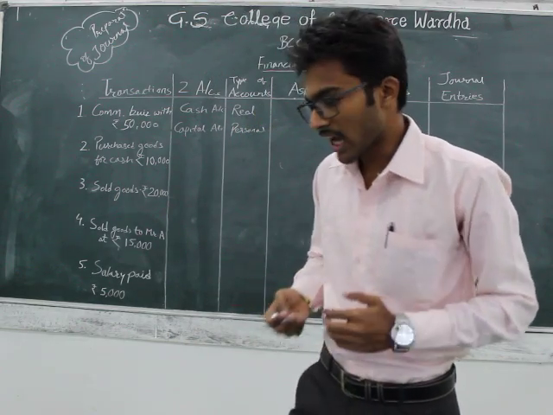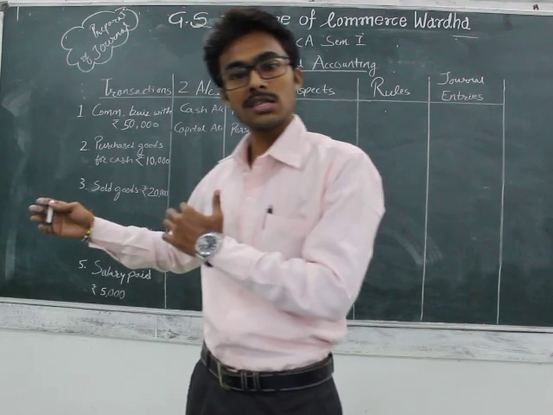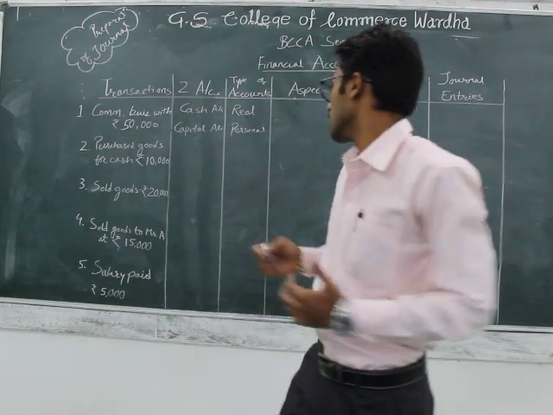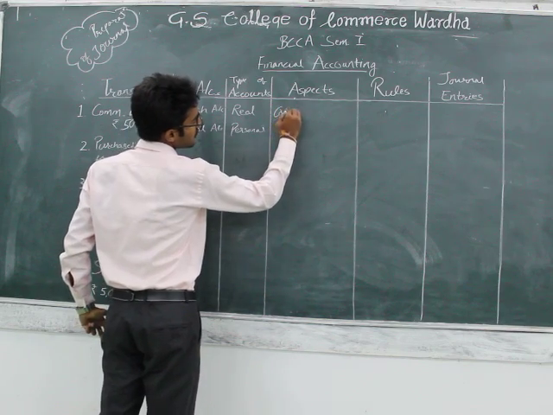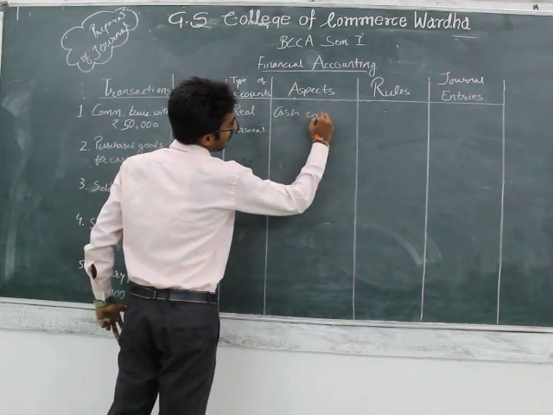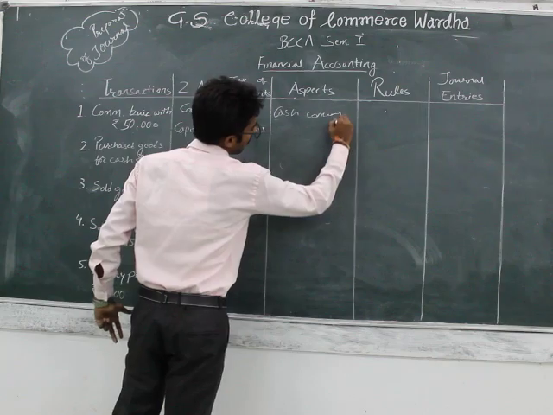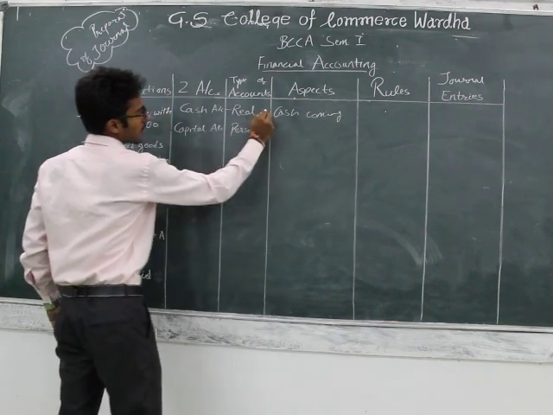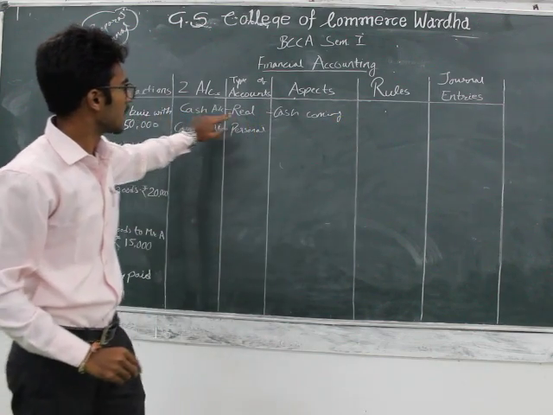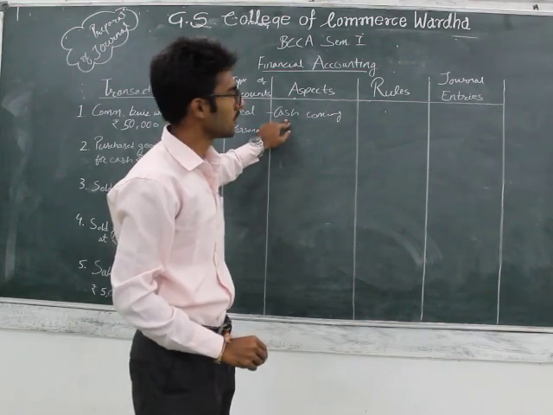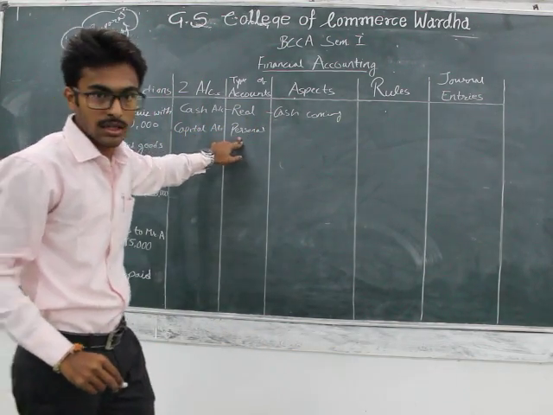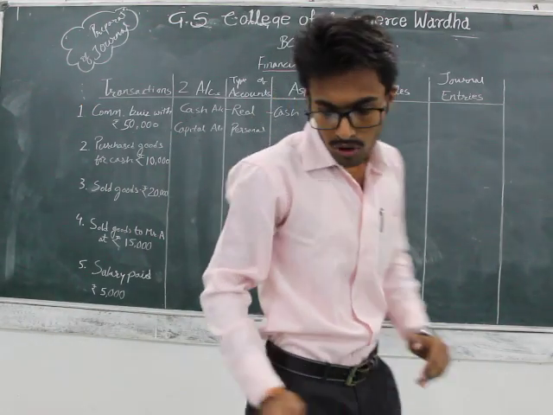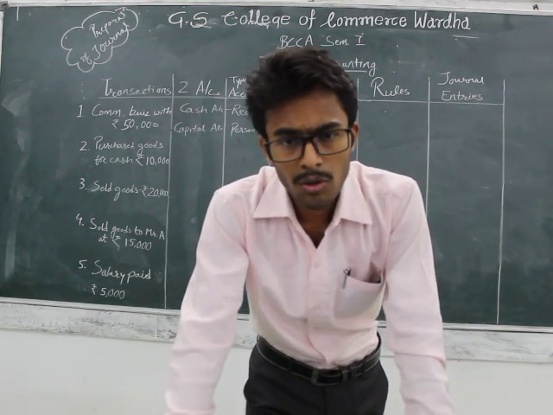For the business owner, cash is going, but for the business it is coming in. So the cash account aspect: cash, real account, coming in. Then the capital account, personal. So what will be the second aspect?